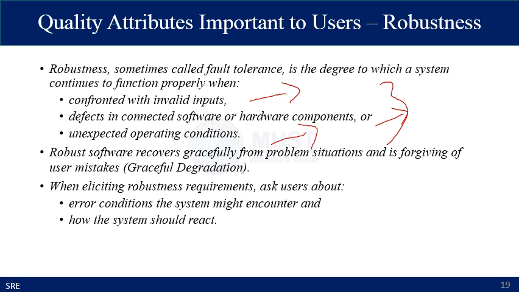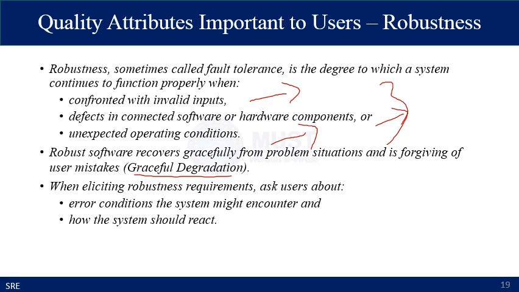So robust software gracefully recovers from problem situations and is forgiving of user mistakes, often referred to as graceful degradation. In simple terms, instead of the whole system crashing, it should provide information that some component is missing or some error has occurred.